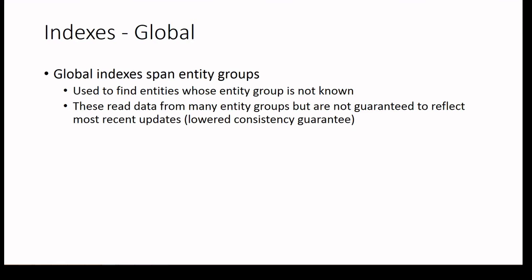All their information is stored in a single entity, but different entities could be stored in different entity groups. You might have the Smiths stored in one entity group and the Matthews stored in a different entity group. And so in order to find which entity group contains a specific piece of information, you use a global index to find that data.